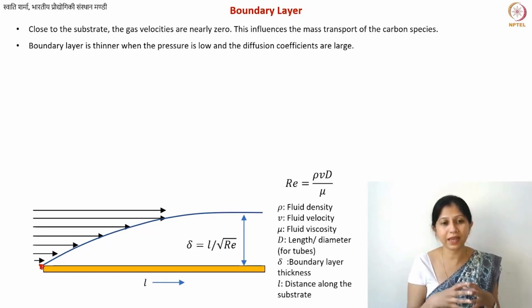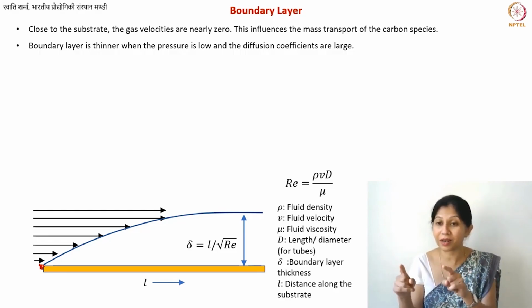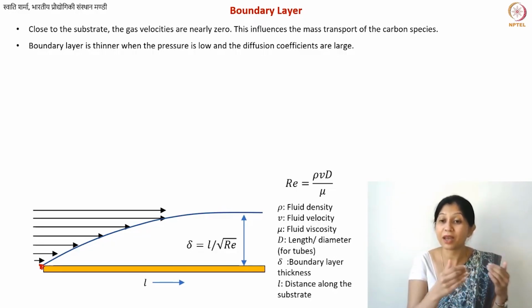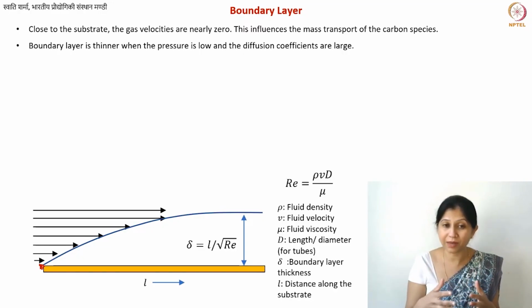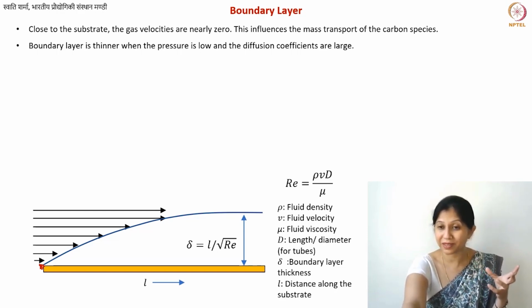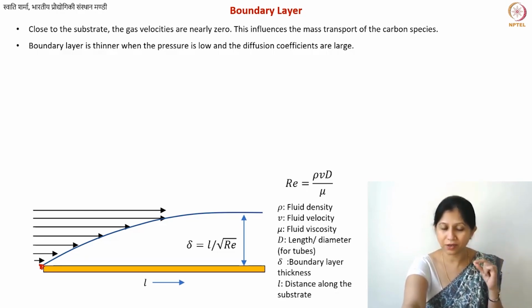Also, delta is the thickness of the boundary layer. You can see that this is very strongly influenced by the velocity of the fluid, because velocity influences the Reynolds number, and the square root of the Reynolds number is inversely proportional to delta. So you can now play with all these parameters in order to ensure that you have a small thickness of the boundary layer. By the way, why do we want the thickness of the boundary layer to be small?